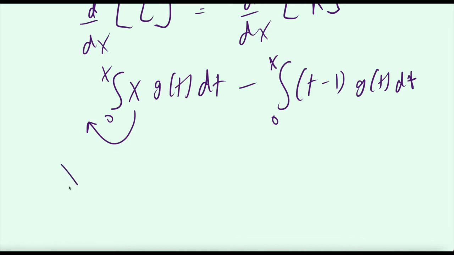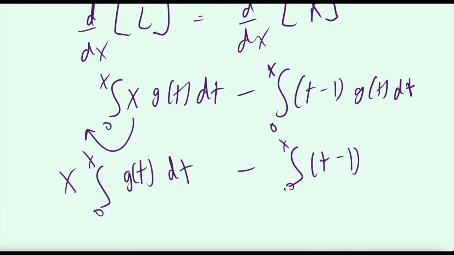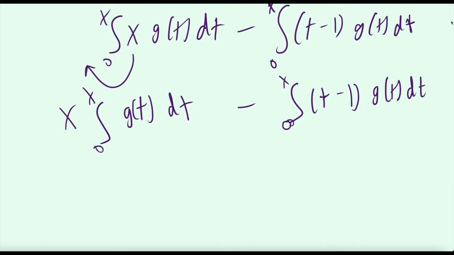So this will make it x times integral from 0 to x of g(t) dt, minus this thing over here. I'm not writing the right hand side because right now we're only looking at the left hand side. So now if we differentiate both sides, what do we get?